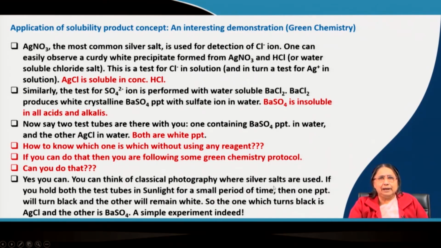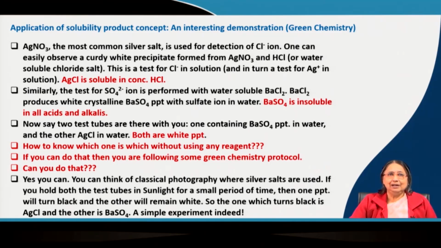Silver chloride will become black. Now, if you hold both the test tubes in sunlight for a small period of time, one precipitate will turn black and the other will remain white. Which one will turn black and which one will remain the same? Silver chloride will turn black. Why? Because with photons it decomposes to form silver, and silver is black, and barium sulphate will not react with the photon. So, it will remain the same.